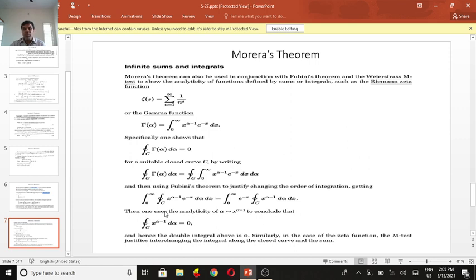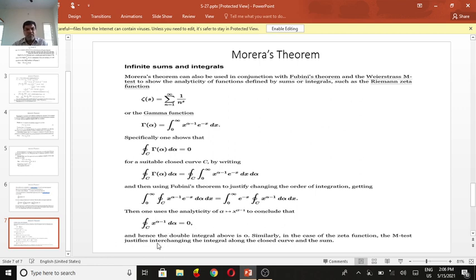Then one uses the analyticity of alpha mapping to x to the power of alpha minus 1 to conclude that the integral over the closed path c of x to the power of alpha minus 1 d alpha is equal to 0. That's all.